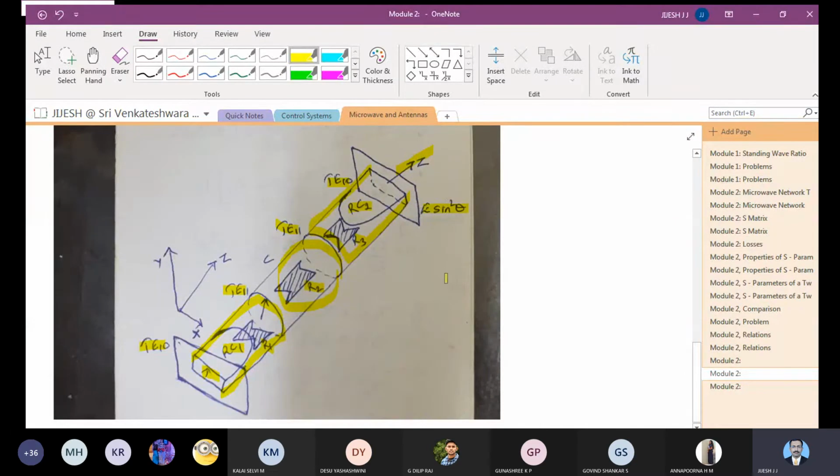This is the output generated when the wave travels through the precision type variable attenuator: E sine square theta. You have one film here R1, another film here R2, and another film here R3. R1 and R3 are kept constant at a particular angle, but R2 has the ability to rotate.